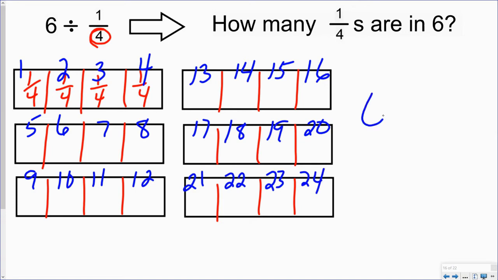So I now know that 6 divided by 1/4 gives me 24, because there are 24 1/4s in 6.